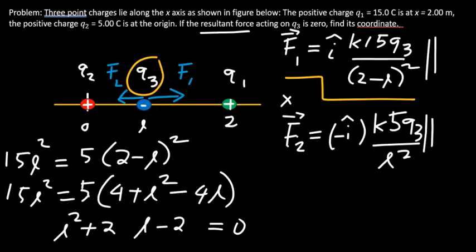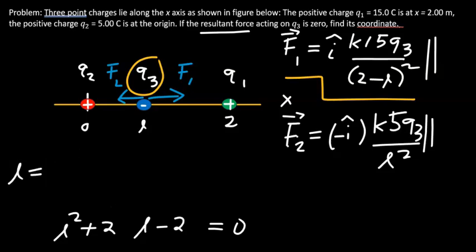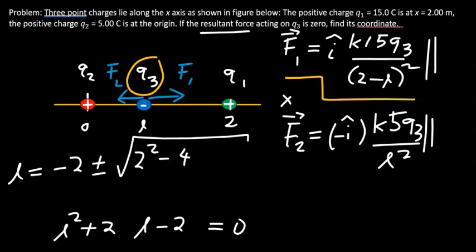quadratic equation formula. So L is minus 2 plus or minus the square root of 2 squared minus 4, where A is 1 and C is minus 2, over 2A, so that's 2.